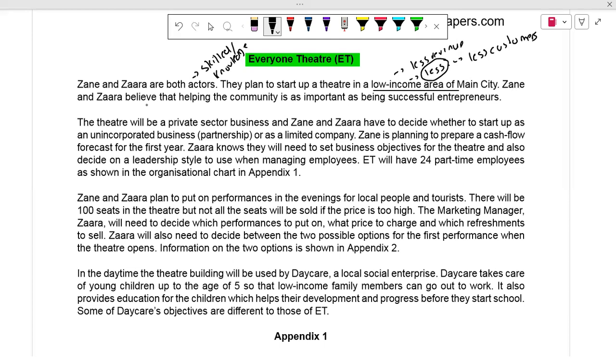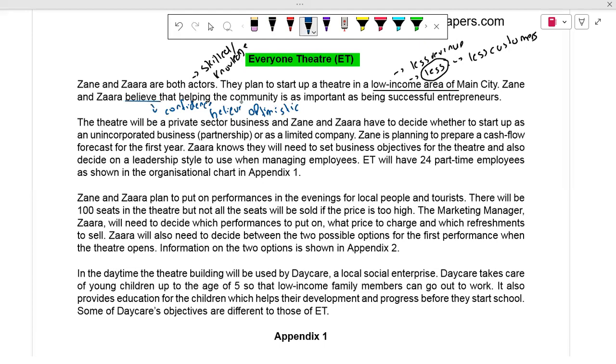Zain and Zara believe that helping the community is as important as being successful entrepreneurs. Okay, so belief is also a characteristic of a successful entrepreneur: belief in yourself, or you can say confidence, or being optimistic.